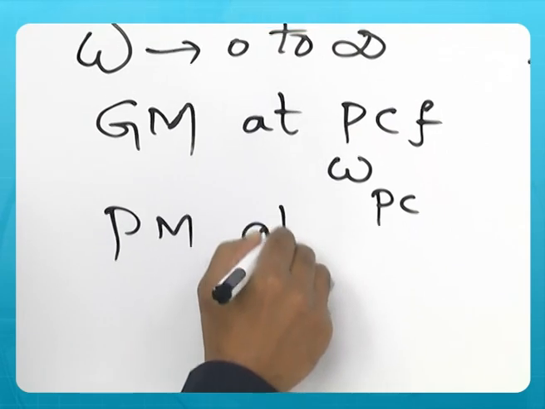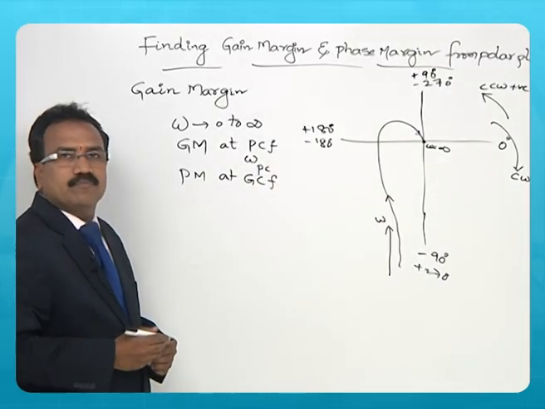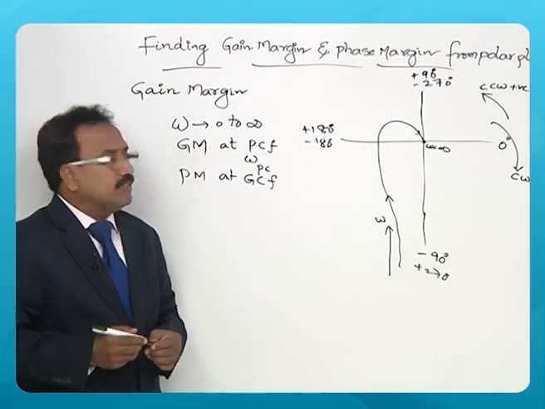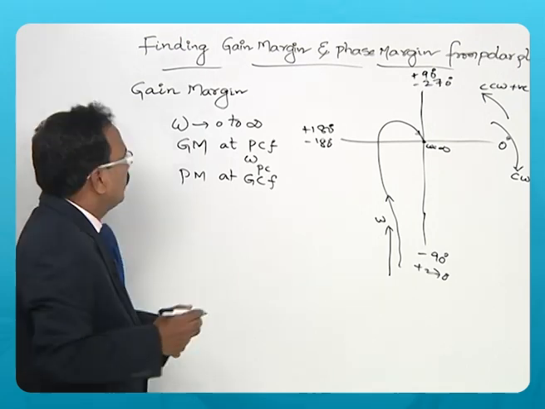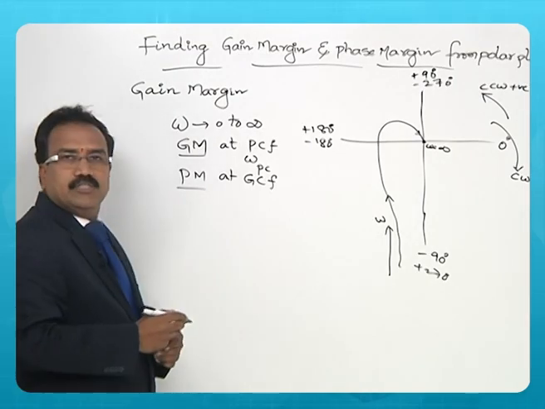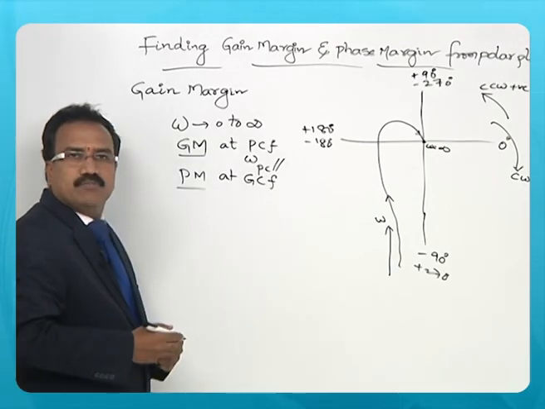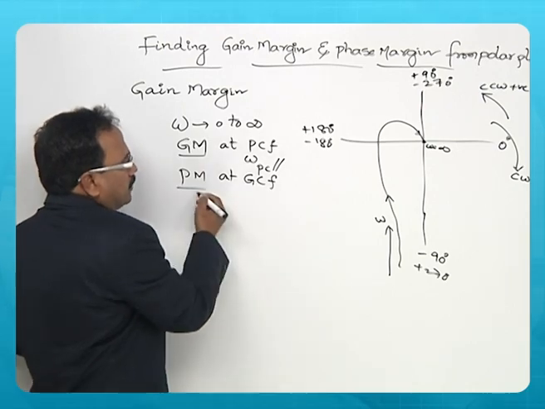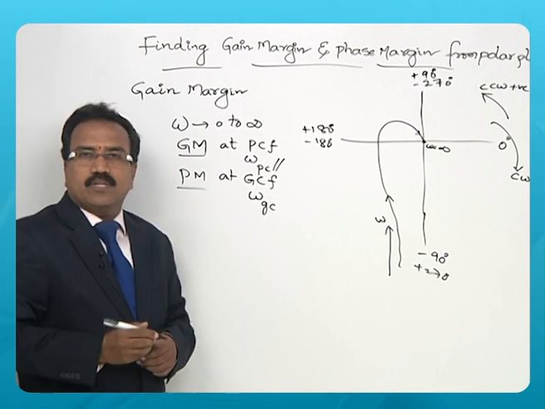This phase margin is determined at the gain crossover frequency. So, the plot consists of 4 parameters: gain margin and phase margin, where gain margin is determined at phase crossover frequency and phase margin is determined at gain crossover frequency, omega gain crossover.